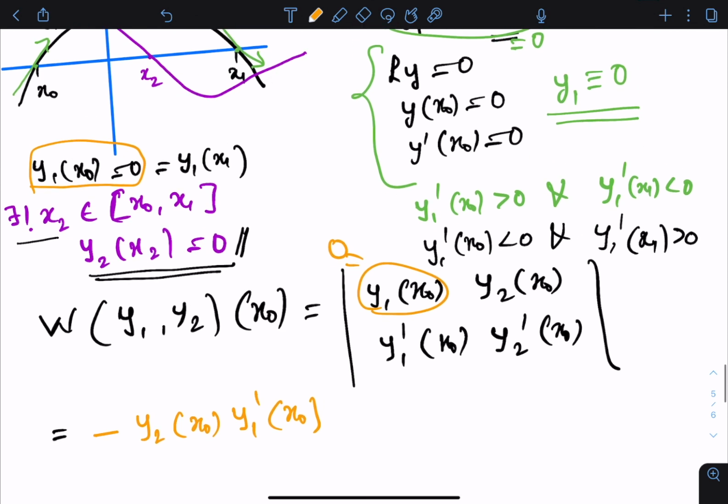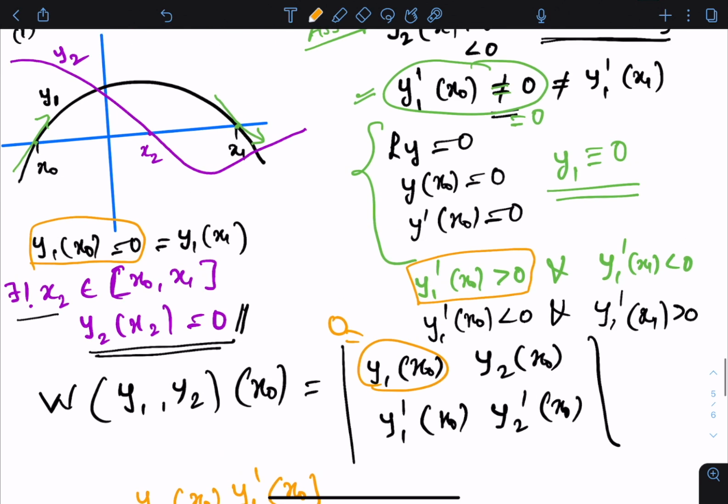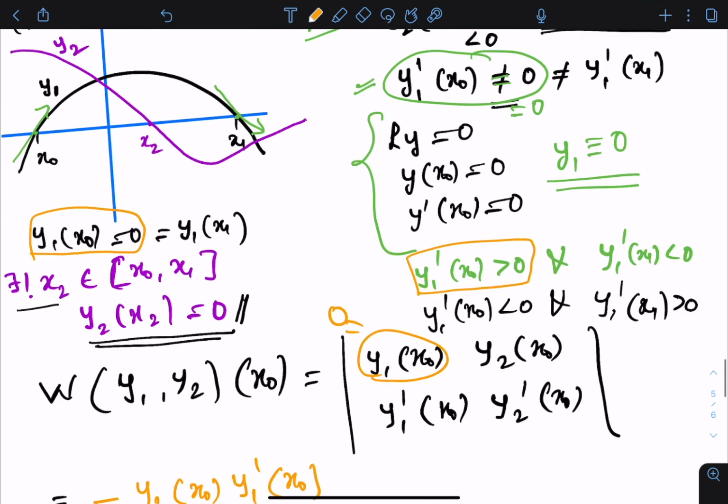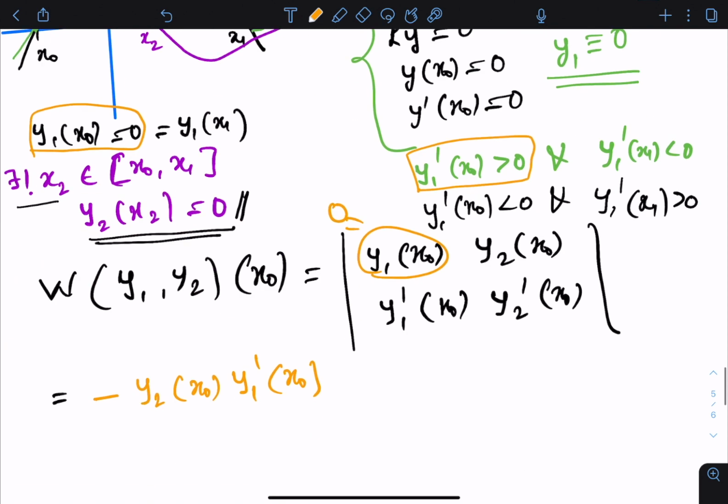But y1 prime of x0 is, let's say, positive, and y2 of x0 is also positive, right? So in that case this is negative.